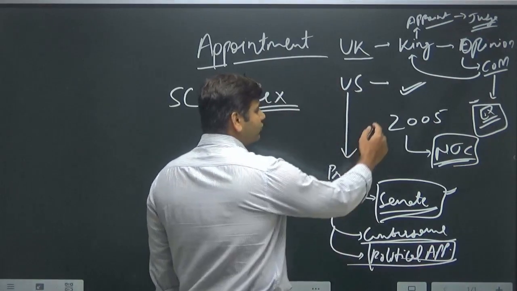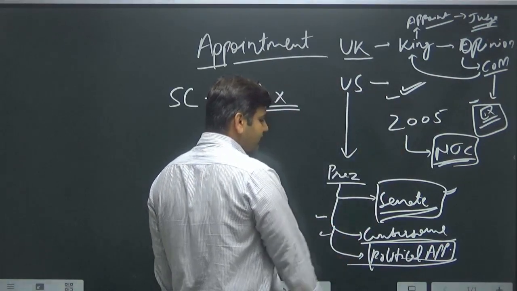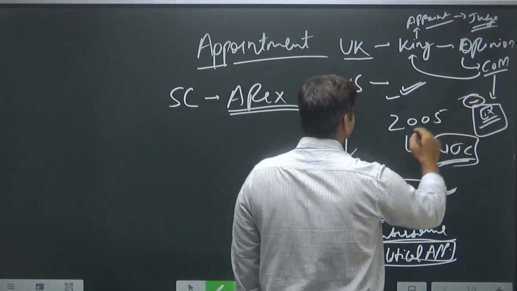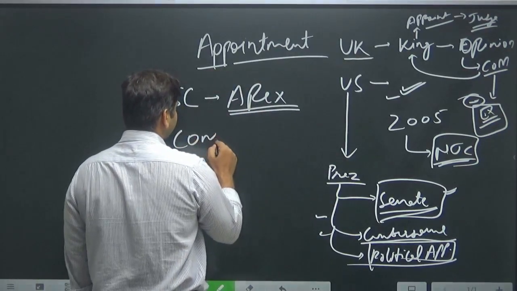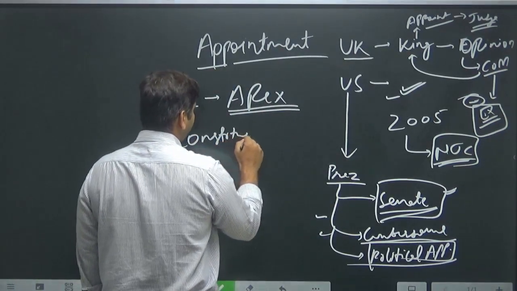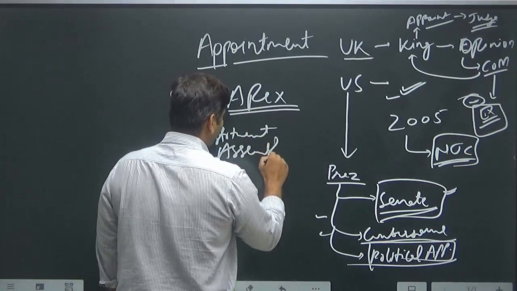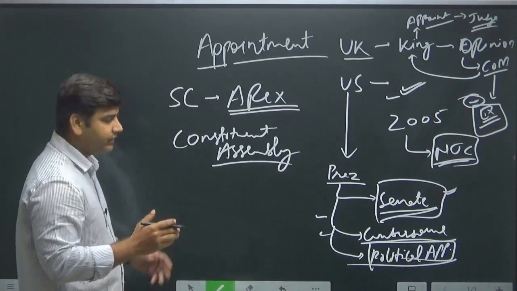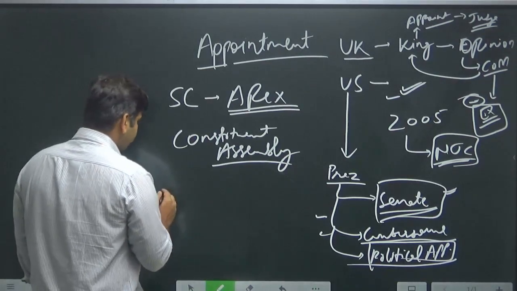To avoid both these conditions, one of a cumbersome and political nature, and second of overriding power of the executive, the Constituent Assembly in India, while drafting the constitution, went with a very balanced approach of having checks and balances.